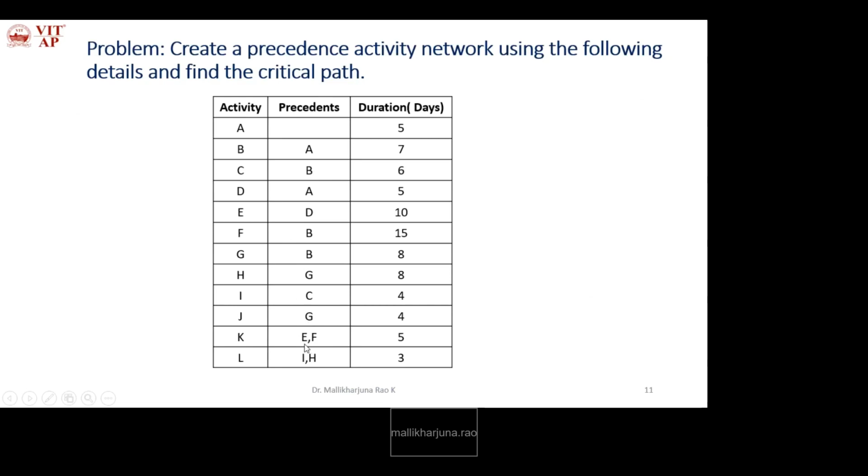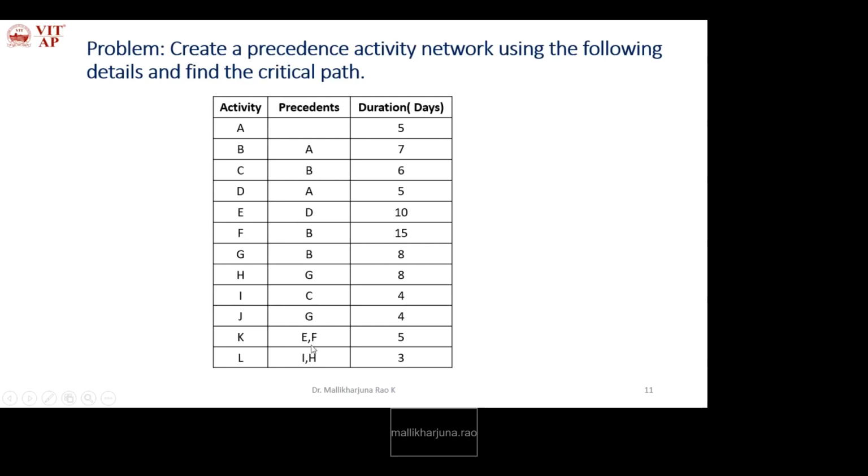Yes, E is the precedent for K, and it is ending along with F. So it is not ending alone, it is ending combined with F. Now take F. F starts after B and ends along with E, so these two activities should end at one event.